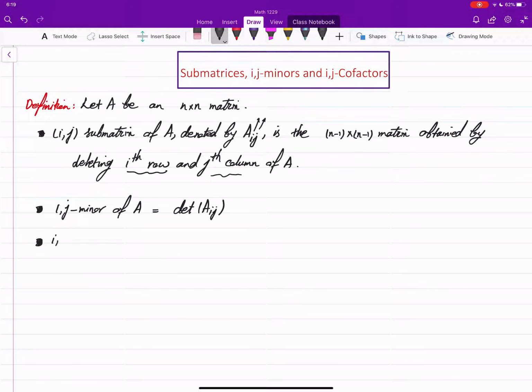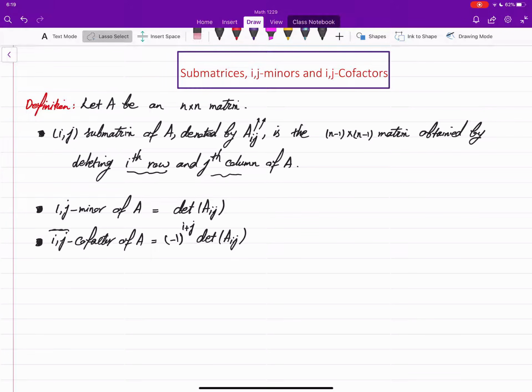And the ij cofactor of A is the ij minor, so the determinant of Aij, but you multiply it by negative 1 to the power of i plus j. You add the two indices, put them in the power of negative 1 and multiply by the minor. That will be the cofactor of the matrix A.